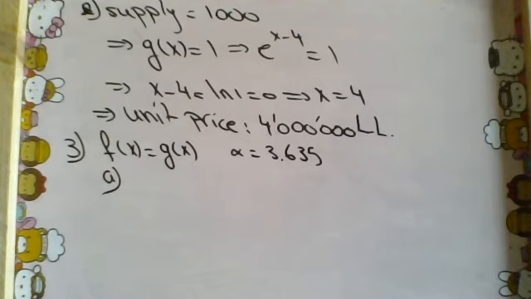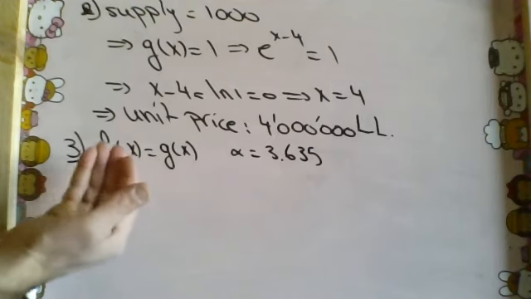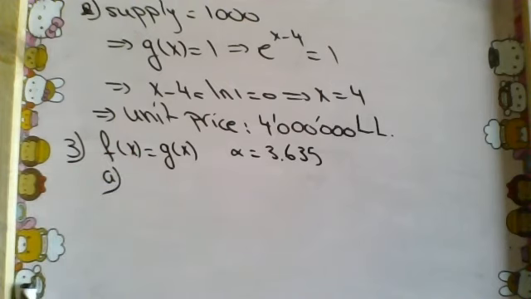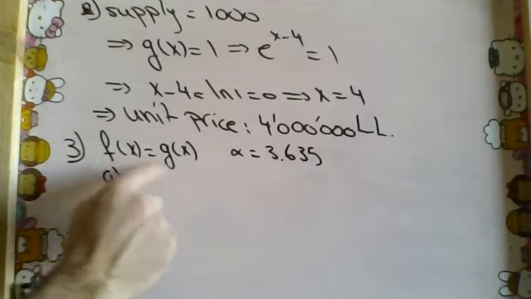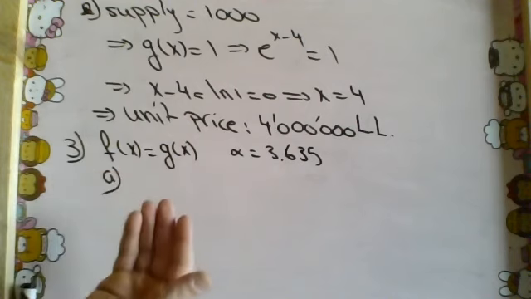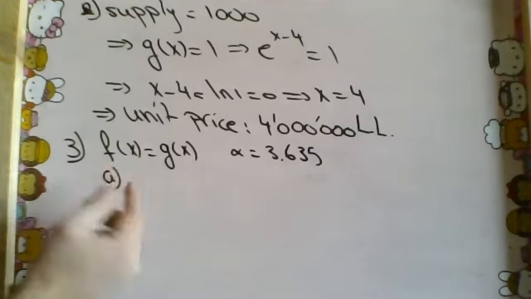When you put demand equals supply, you are talking about market equilibrium. So is this alpha the quantity or the price? It is the price. Because when you say a solution of this equation, it means value of x.